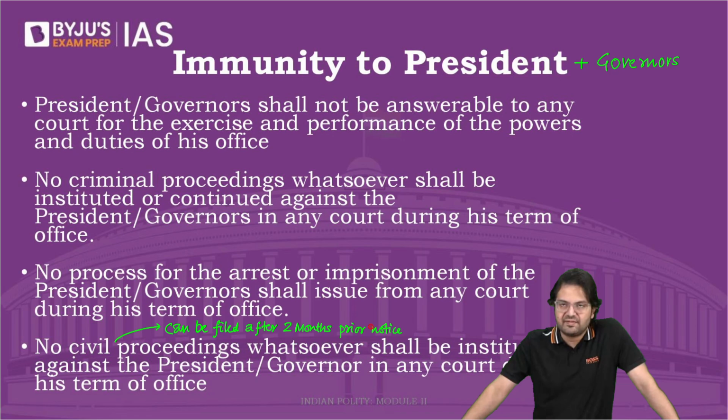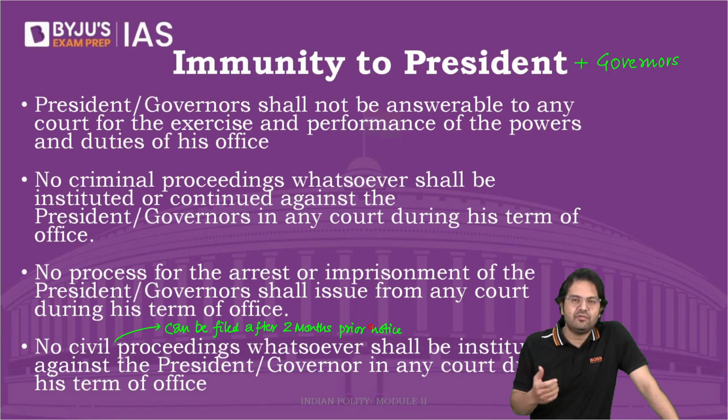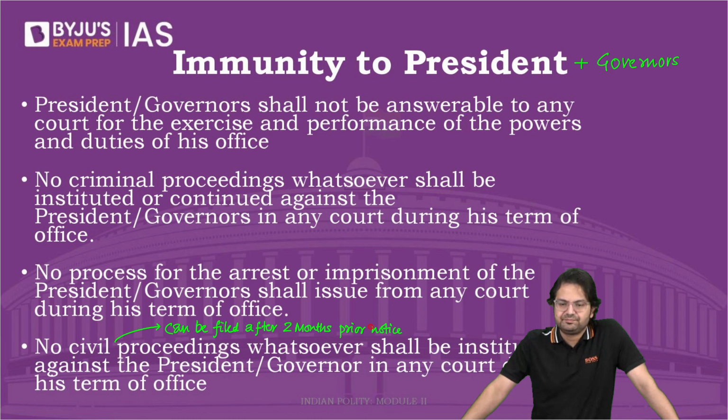See, as far as civil case is concerned, the difference is that a criminal case is one where the relief given is on account of some punishment, a criminal case.